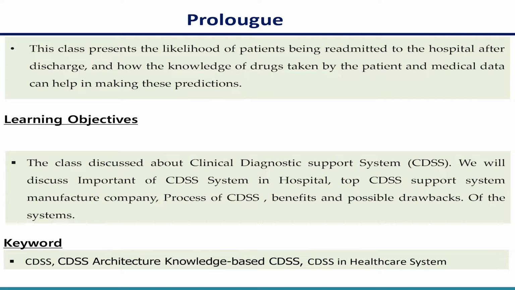The learning objective of this class is that you will learn what a clinical decision support system is, and we will also discuss why CDSS is important in hospitals. We talk about the top CDSS manufacturers or service provider companies, and we check the process of this CDSS system, its benefits, and possible drawbacks.